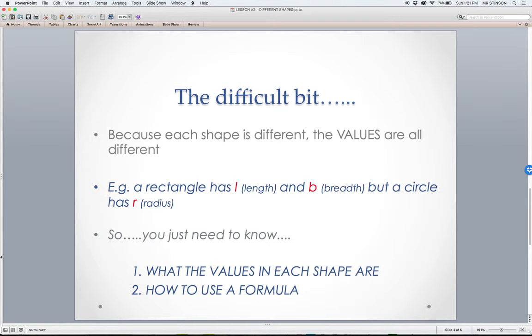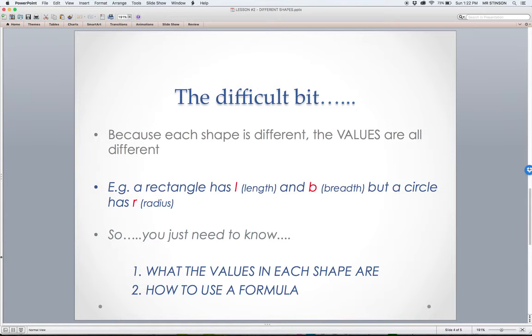This time we need to find r, which in the case of a circle is the radius. So, you just need to know 2 things. 1, what the values in each shape are. What do those letters stand for? And 2, you're pros at this already, simply how to use a formula successfully.